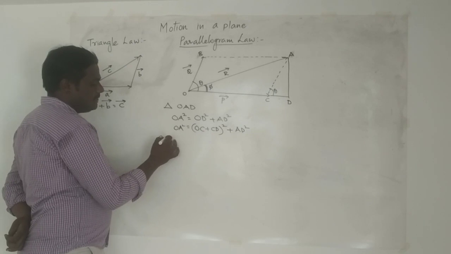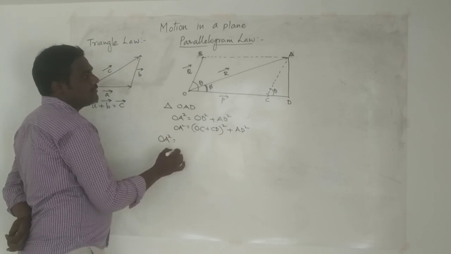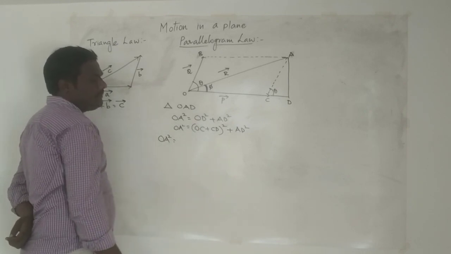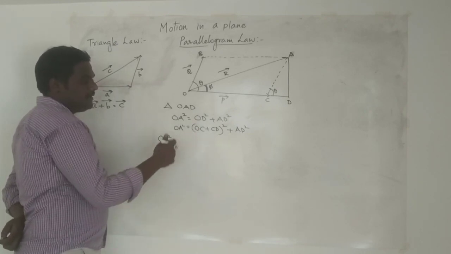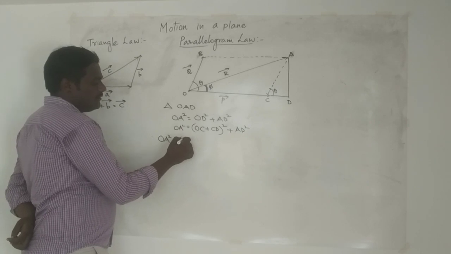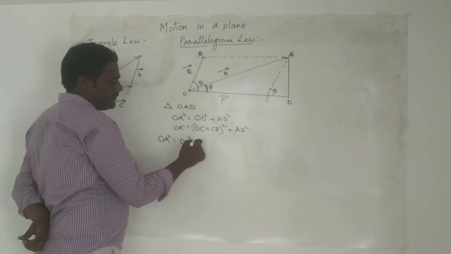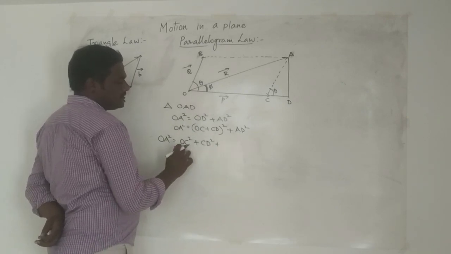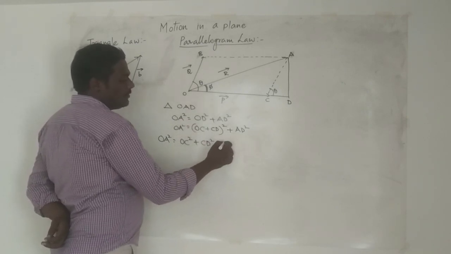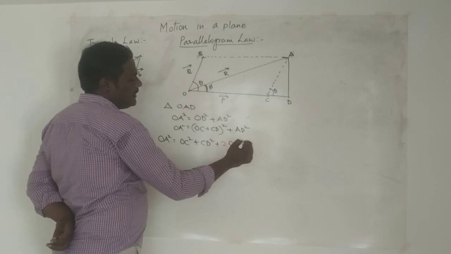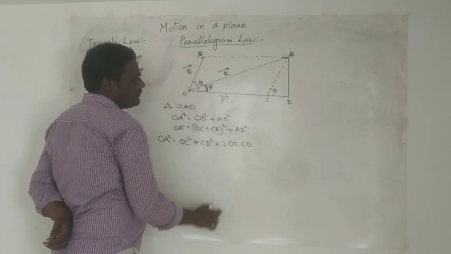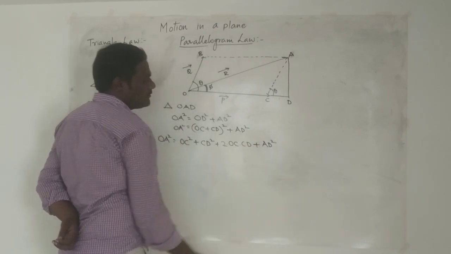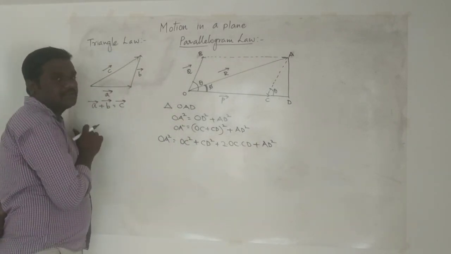OA square is equal to, this is in the form of (A plus B) whole square. Please continue, expand this. OC square plus CD square. This is A square plus B square plus 2AB, 2 into OC into CD, plus what you have here is AD square. So hope you understood this.